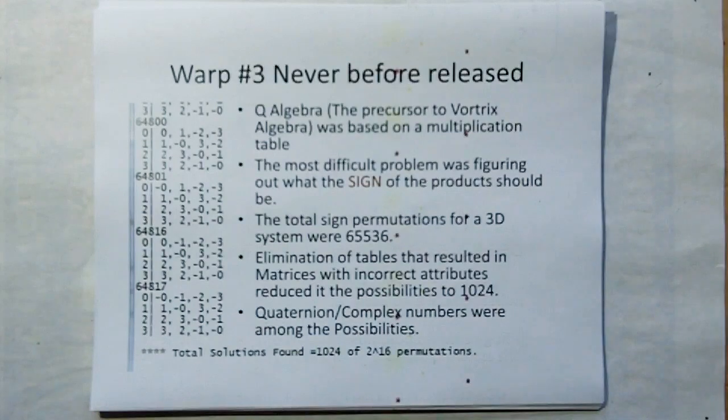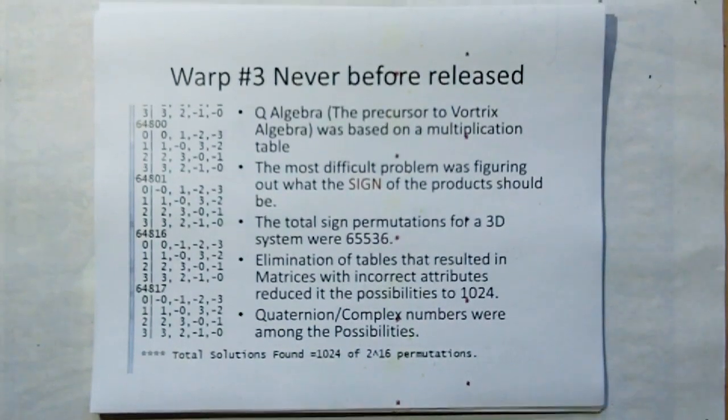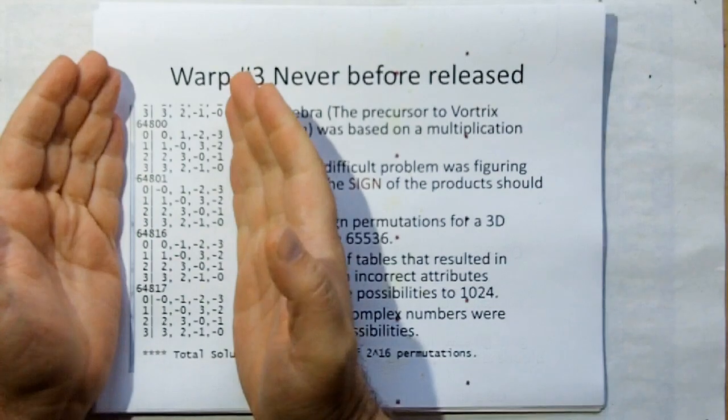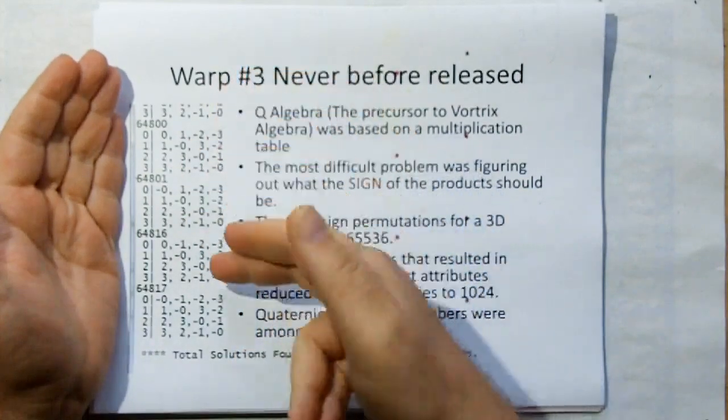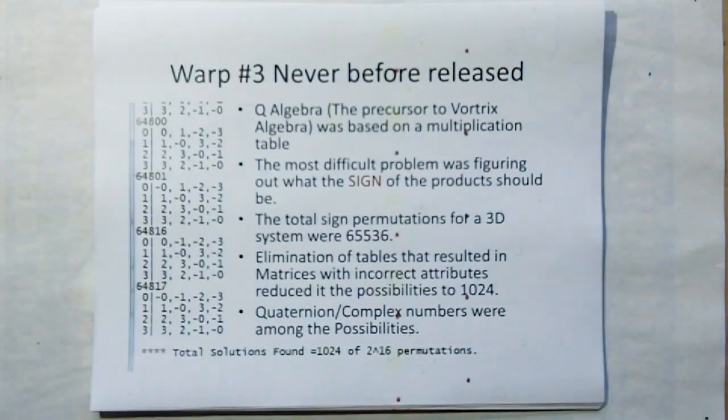And what I have never released before is that in the development of Q-Algebra, I also came to the conclusion that signs were the remaining thing that were unknown. In Q-Algebra, it was a little different than Vortrix Algebra. In Q-Algebra, we used a multiplication table. And what I did is I wrote a computer program that searched through all the different permutations of the possible signs.